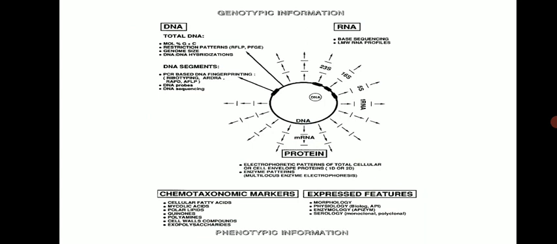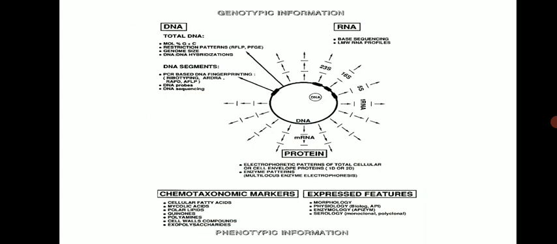Next, DNA segments analyzed for microbial identification are based on PCR based fingerprinting. It includes ribotyping, then ADRA, then RAPD and AFLP. Then there are DNA probes used in microbial identification as well as DNA sequencing, which may be partial sequencing or whole genome sequencing. So these are the methods that are based on DNA.